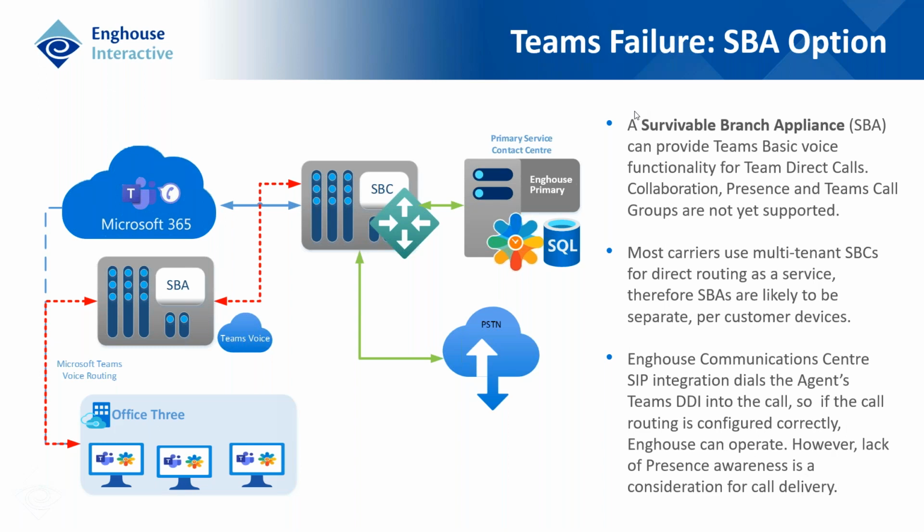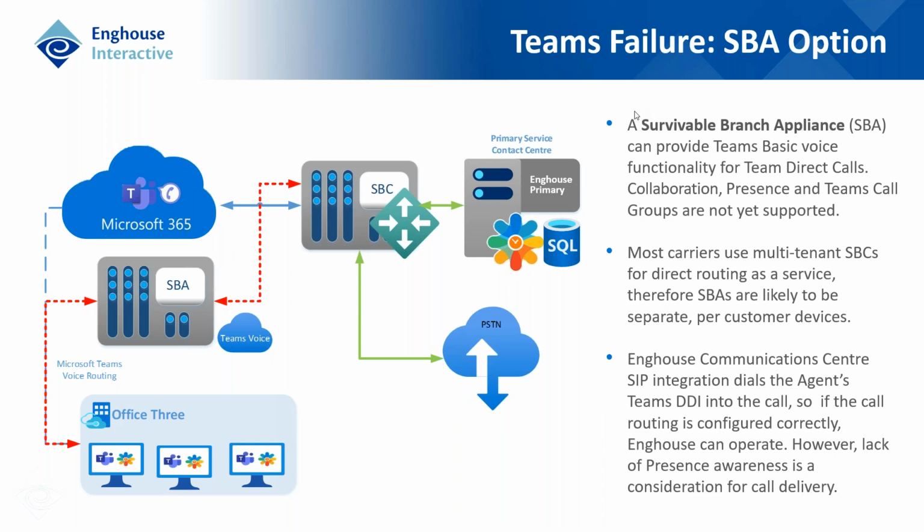Now, a lot of people are realistically going to be moving their SBCs up to the carrier, doing what Microsoft will refer to as Operator Connect. And that really is where you're using the SBCs within your carrier's data center to send your calls up to Teams. So this SBC wouldn't be on your premises.